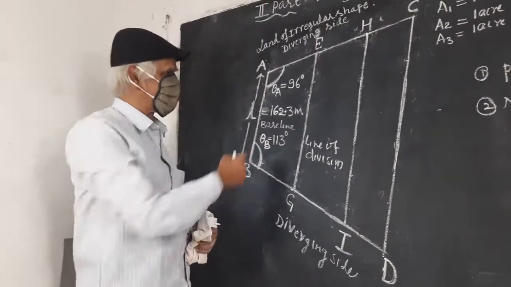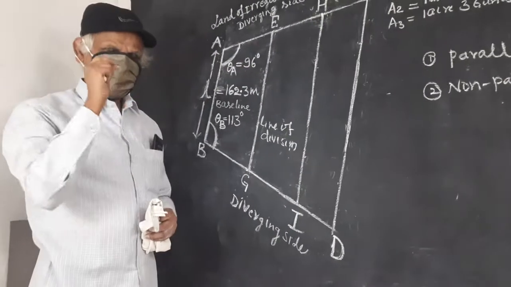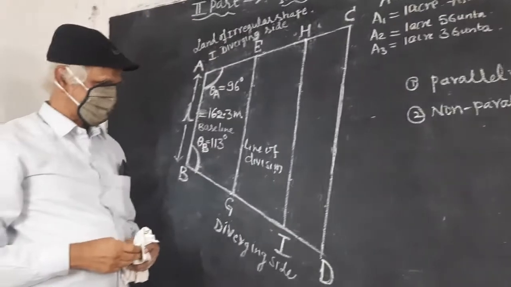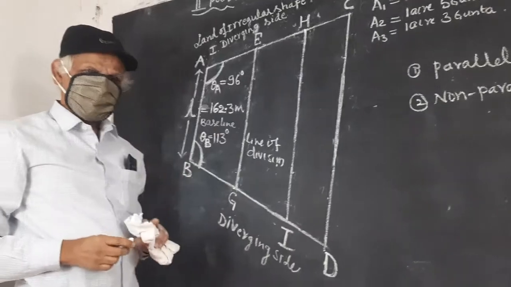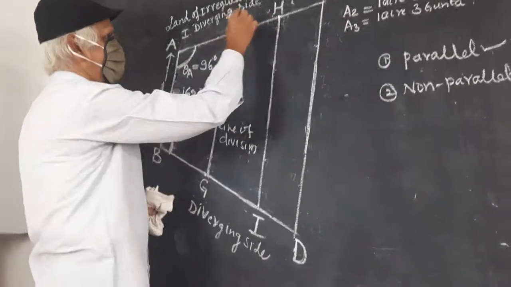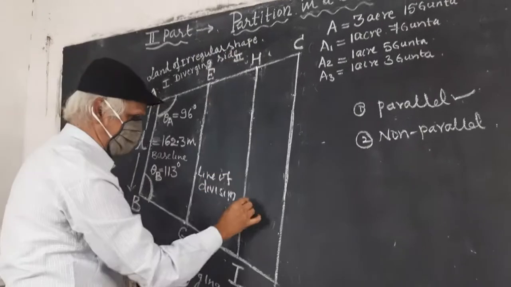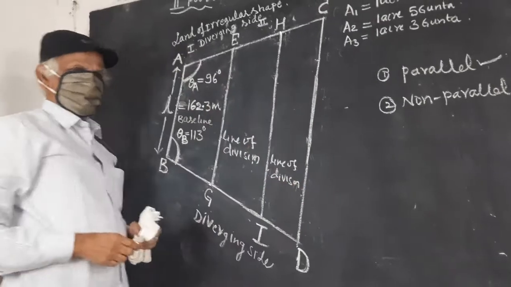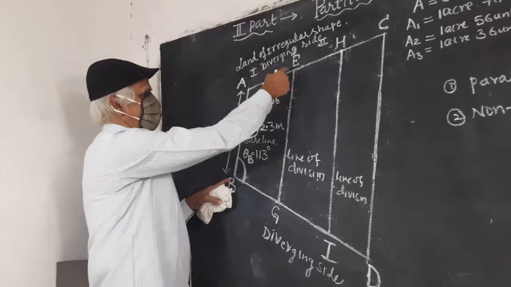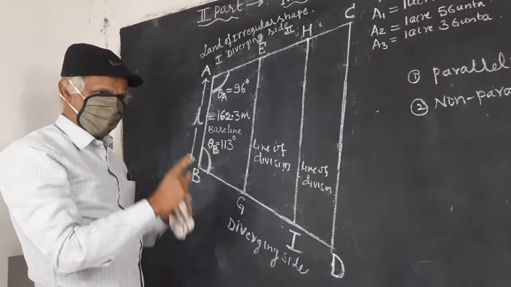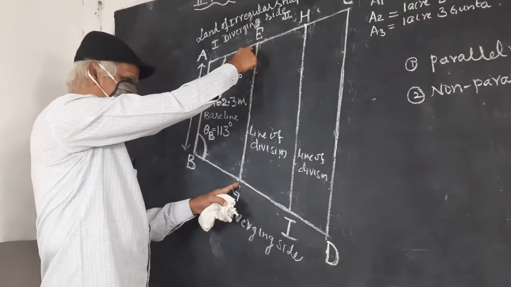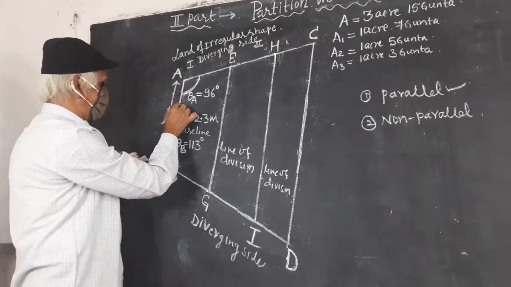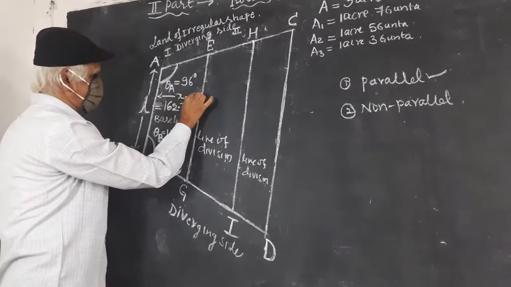Suppose EG is the line of division for the first partition and HI is the line of division for the second partition. Let the perpendicular distance of EG, the first line of division, from the baseline be x.